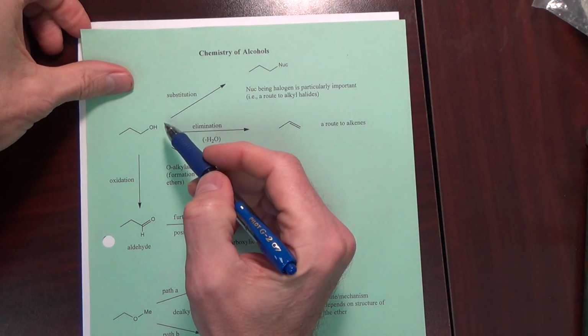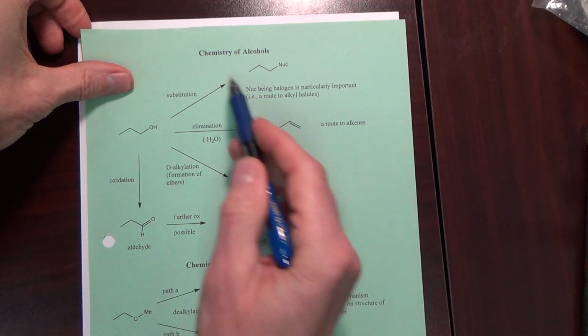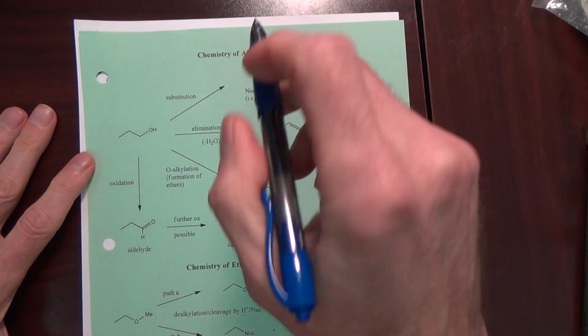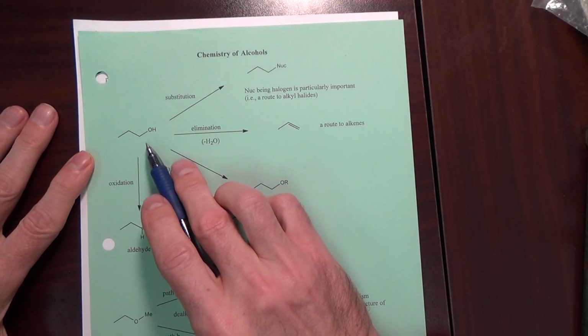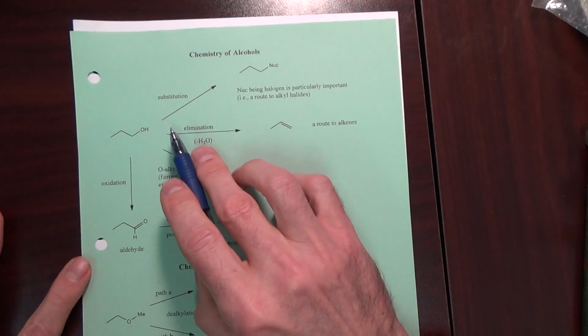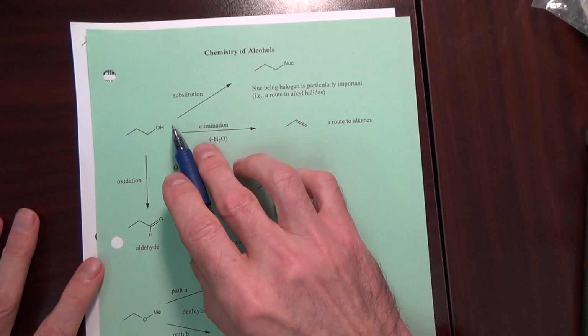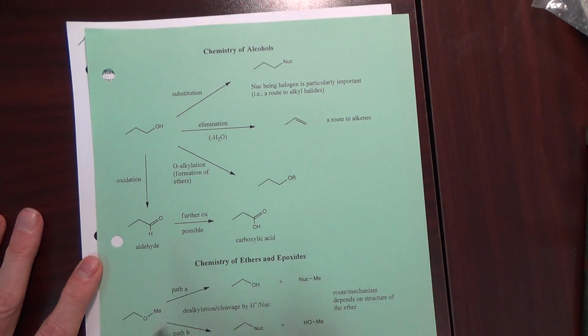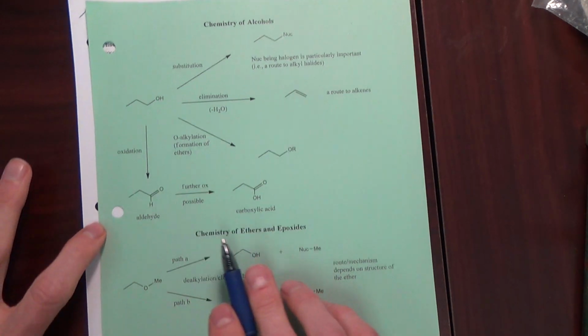Okay. Now I will also note that this chemistry early on is going to be a good amount of review from Organic 1. You should have seen substitution reactions of alcohols in Organic 1 when you were doing SN2 and SN1 reactions. Also elimination and O-alkylation.